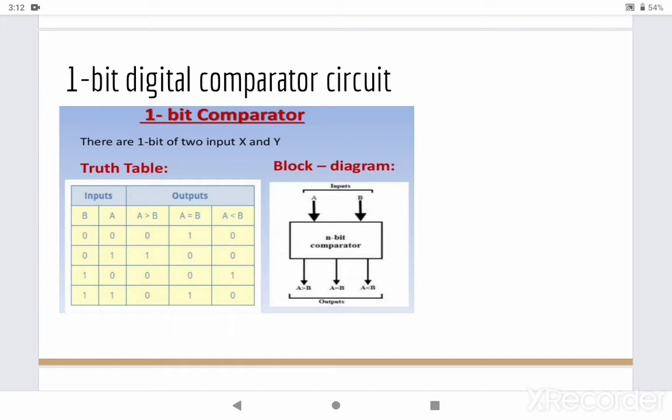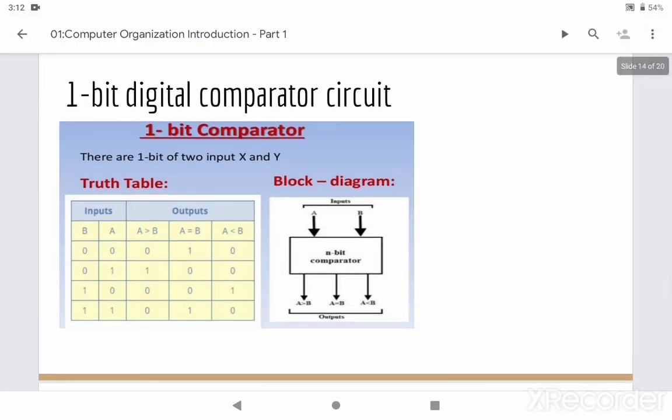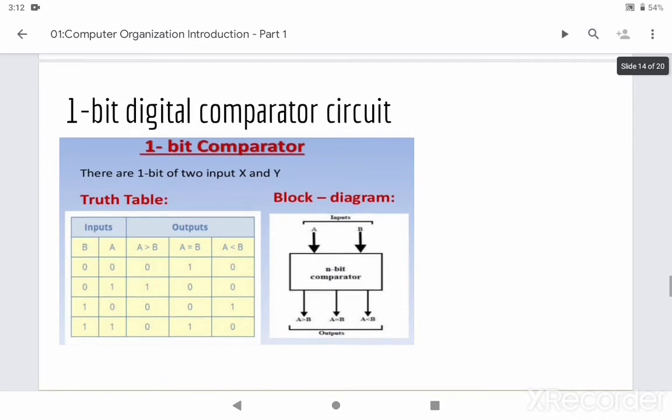I am passing two inputs A and B through the n-bit comparator. You can name it 1 bit or any other number. Just imagine that we are passing our data. Then it checks whether it is greater, equal, or less, everything is checked here, so that you can get your output.